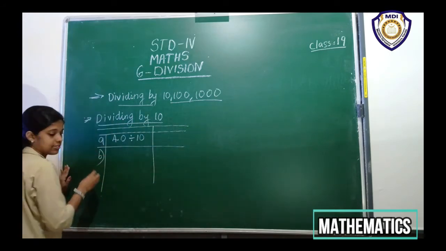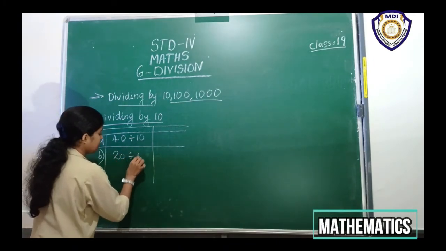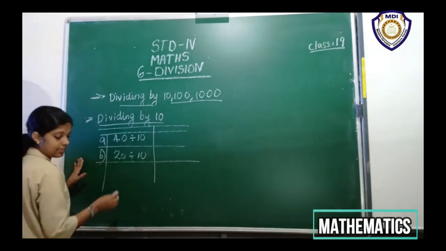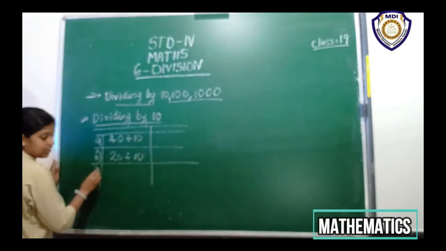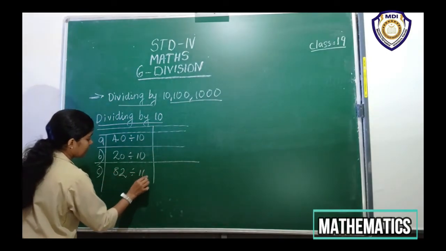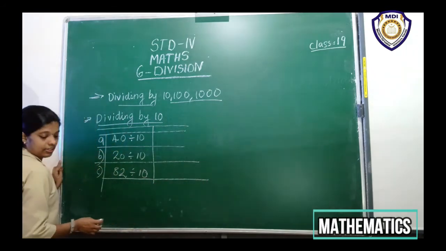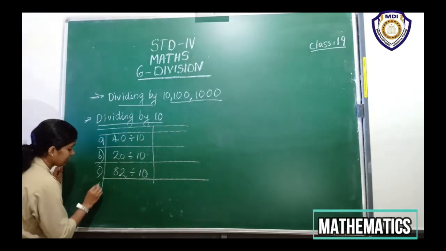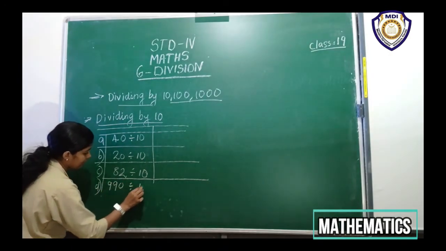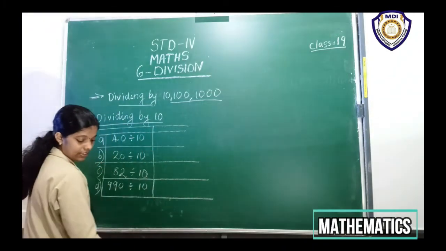B, next one is 20 divided by 10. And next one is C, 82 divided by 10. Okay. Then D, 990 divided by 10.